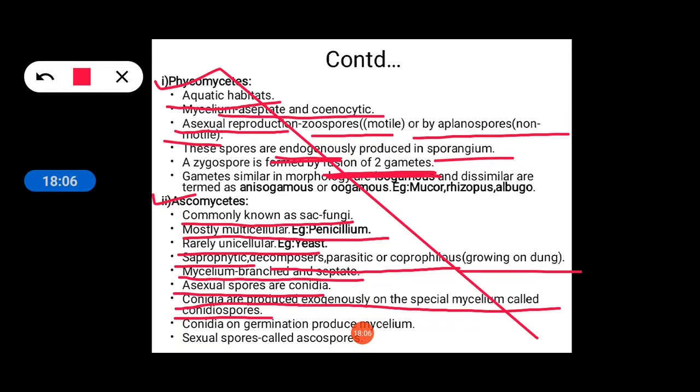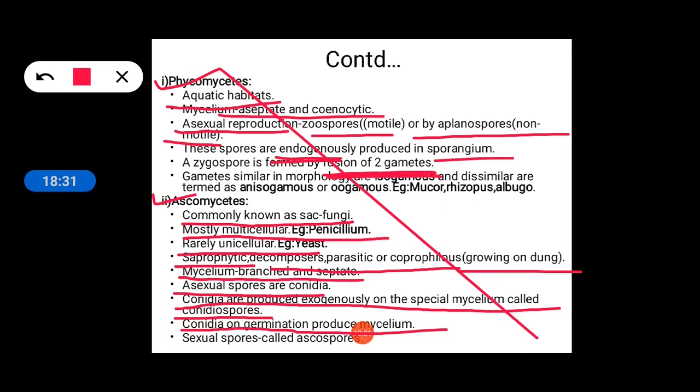Conidia are formed exogenously on a special mycelium called conidiospores, on the outside of the conidiospores. Conidia on germination produce mycelium. Okay. On germination, conidia produce mycelium.